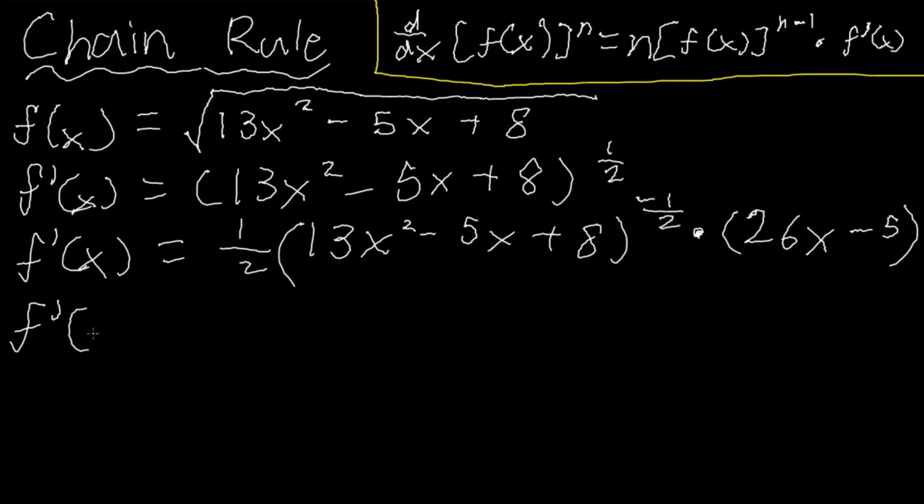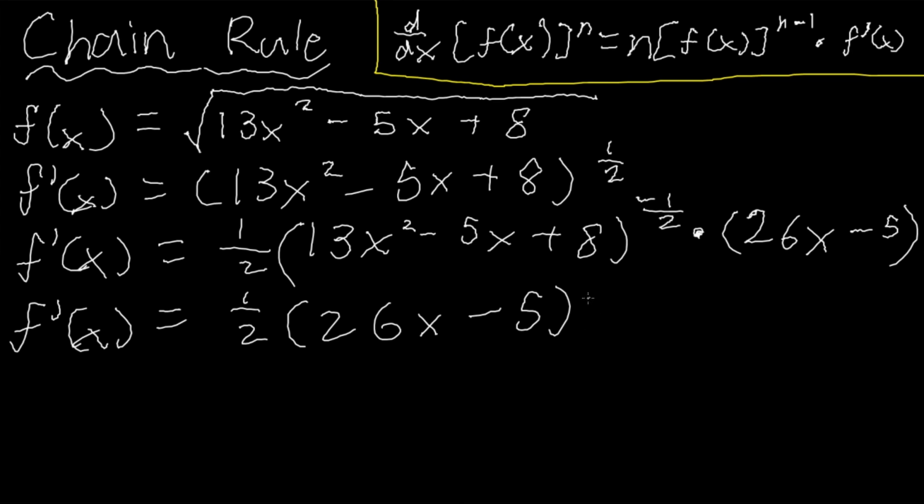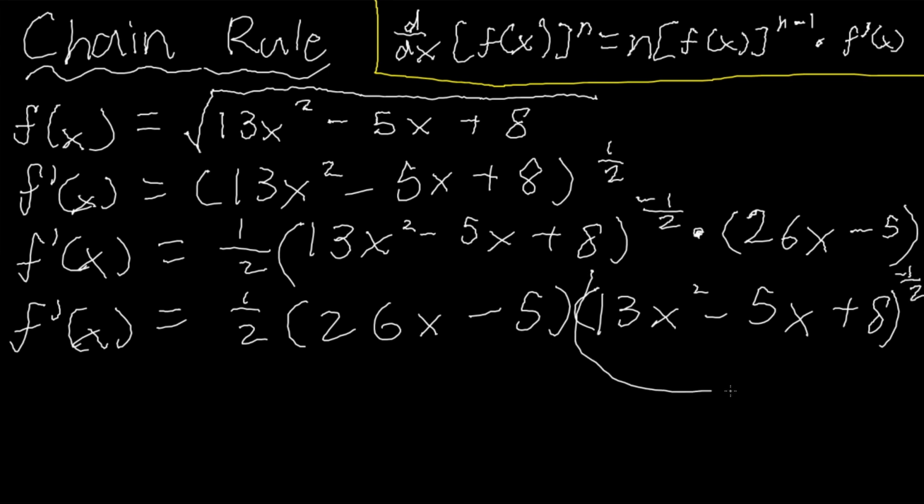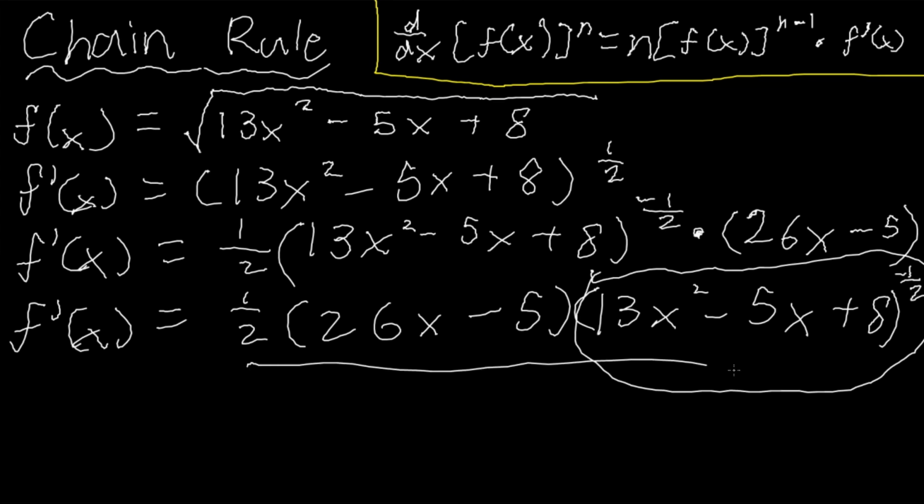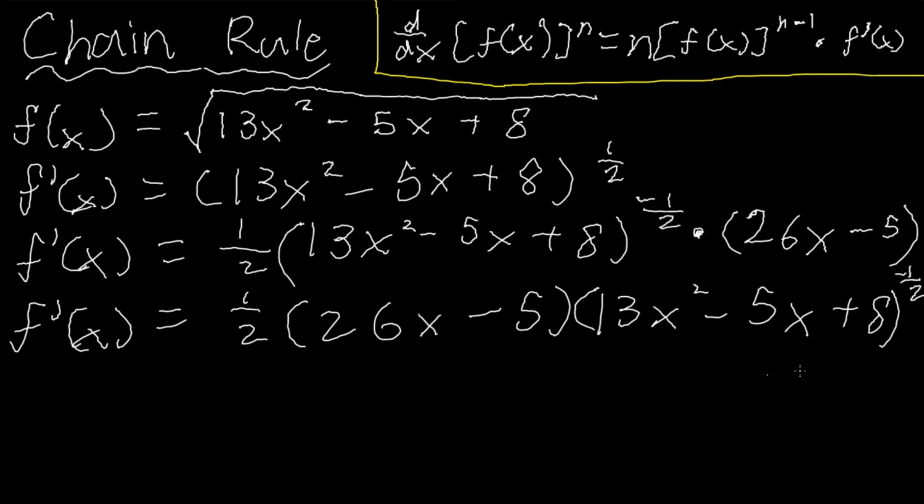Now you can always expand this, it doesn't hurt to expand, but I'm just going to leave it in factored form, -1 over 2. Now this is the final answer, but you could also move this whole thing to the denominator here, but I'm not going to do that because it's simpler to leave it like this.